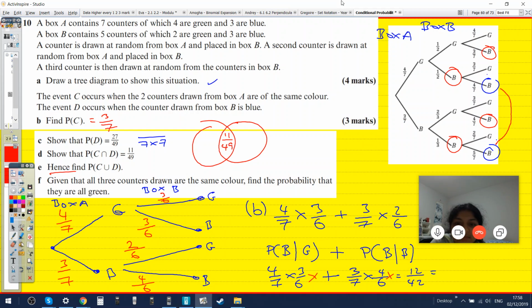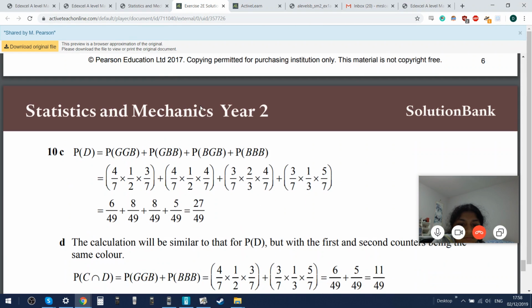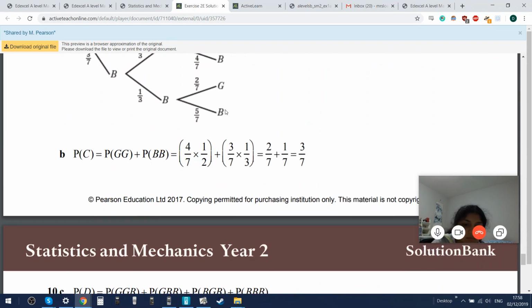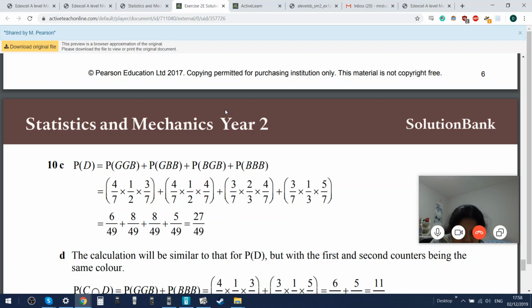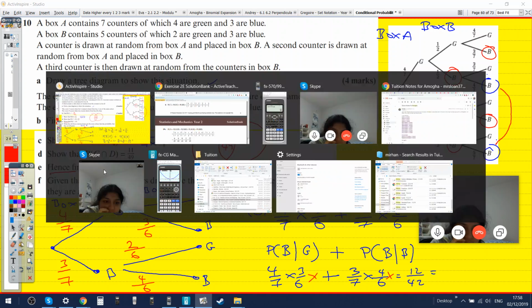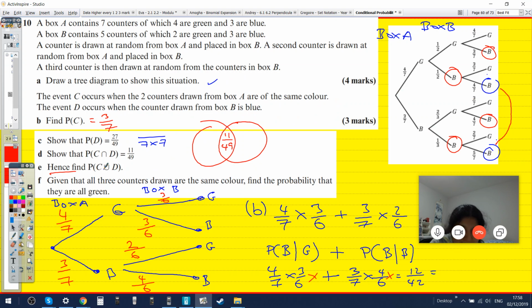So 37 over 49. So that's question 10. So question E, 37 over 49, and F.